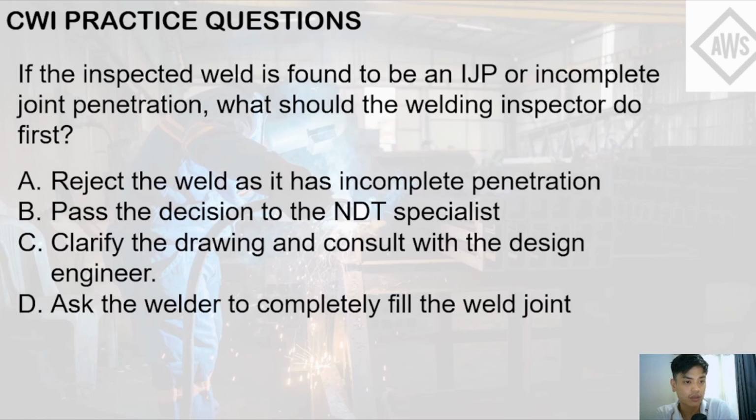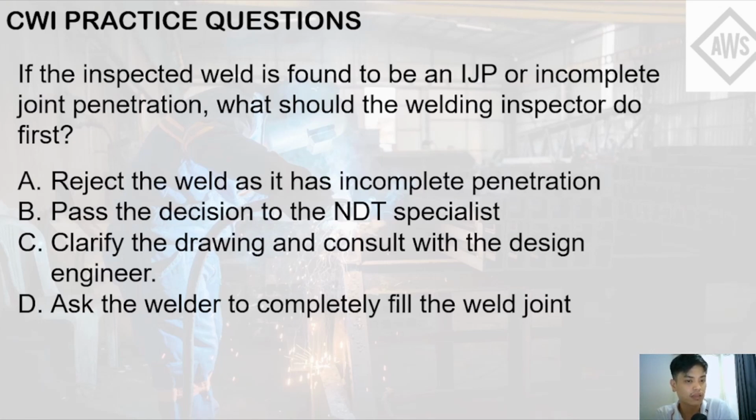Basically, here is letter A. It states that you need to reject the weld as it has incomplete penetration. If some welding procedure or some specification or drawings may not accept incomplete penetration, that can be an answer. Letter B, pass the decision to the NDT specialist. So not quite. The choice here is vague.